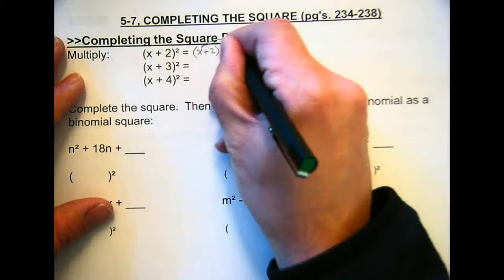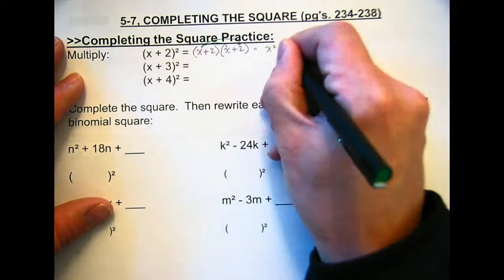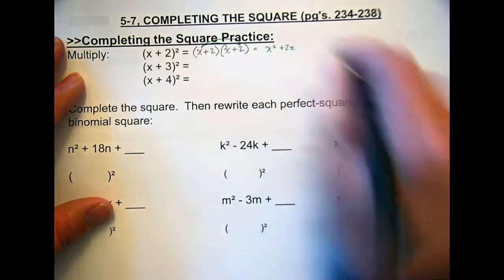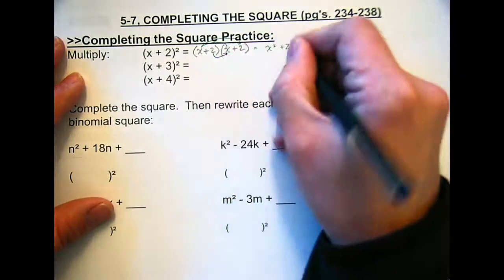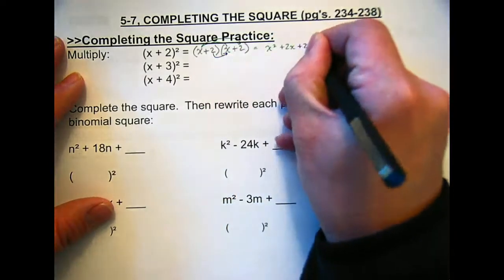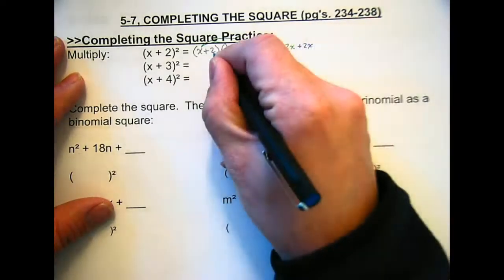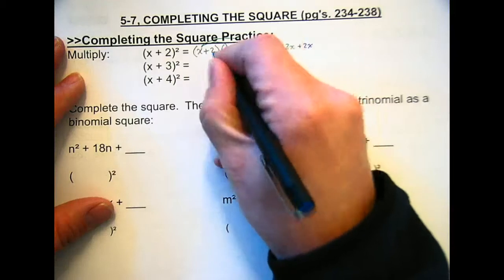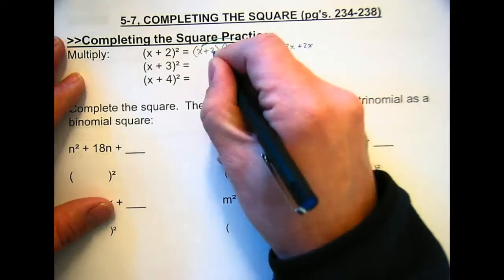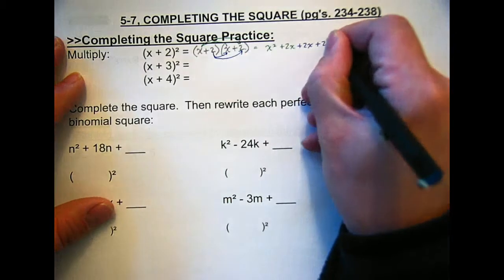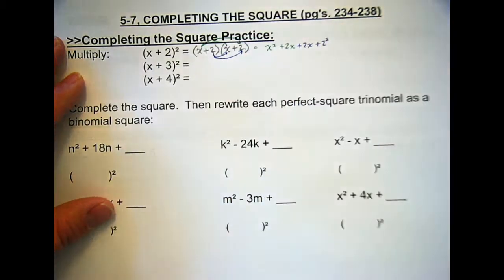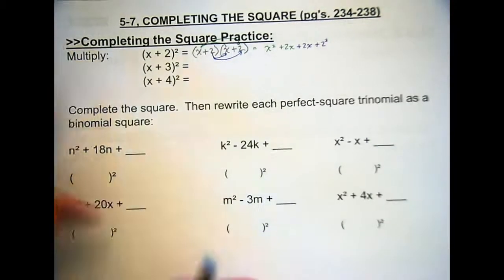And then x times 2 gives me my 2x. And then x times 2 gives me my 2x. And then I multiply the back terms, and notice that's 2 times 2, or 2 to what power? The second. You can think of it as 2 squared, which is really 4.